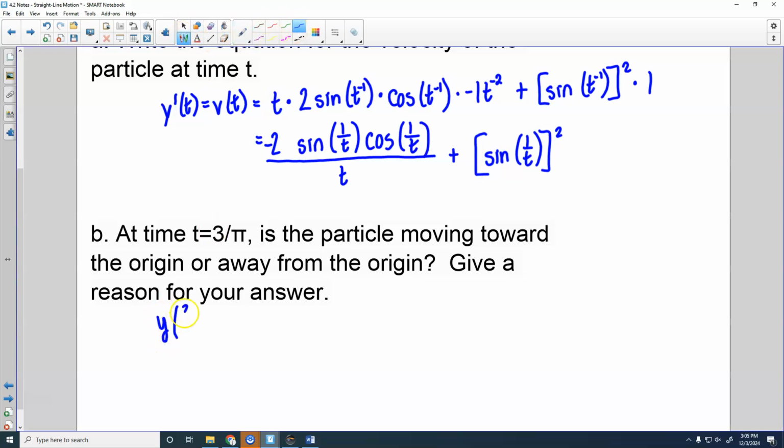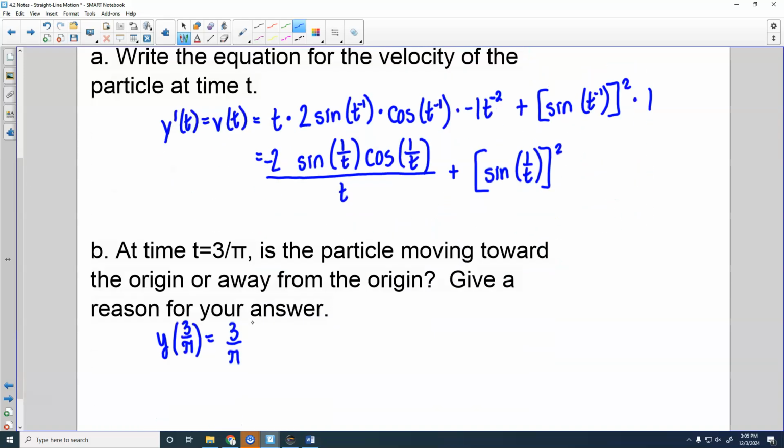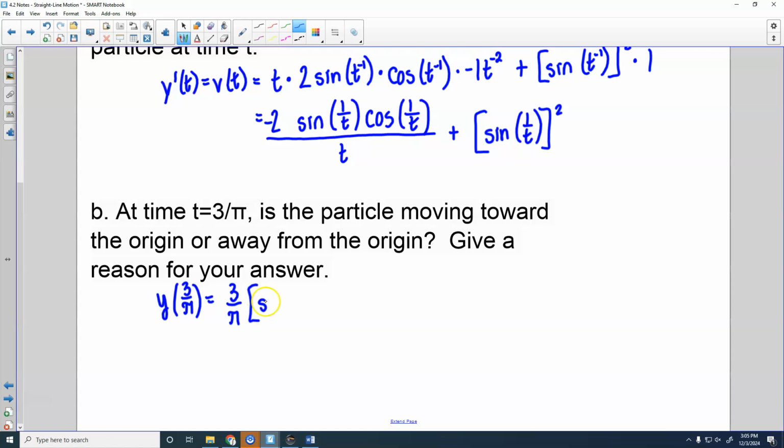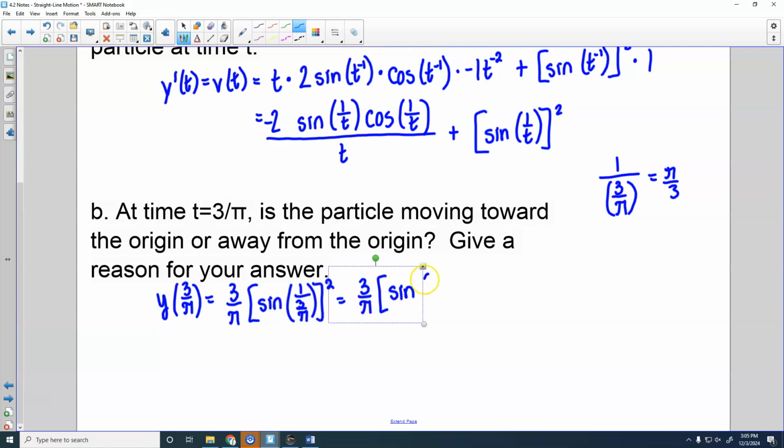So y of 3 over pi is going to be 3 over pi times, I'm going to write it this way, sine of 1 over 3 over pi, squared. What is 1 over 3 over pi? It is just pi over 3, right? We're going to see that come up several times. So we've got 3 divided by pi, and then we've got sine of pi over 3 squared.